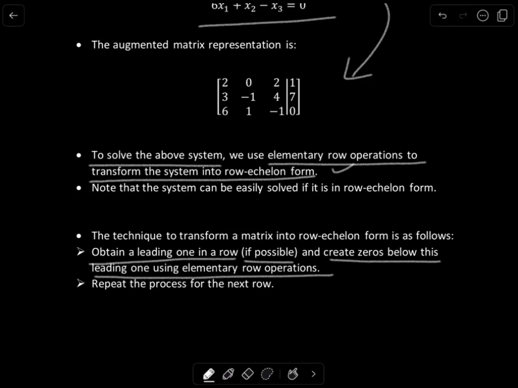We can interchange rows, we can multiply an entire row by a constant number that's not zero, and we can add a multiple of one row to another. And then you're going to repeat that same process for the next row. So you're basically going to try and get leading ones and get it into row echelon form. So that's enough talk. Let me show you how to do it using an example, and then you'll understand.